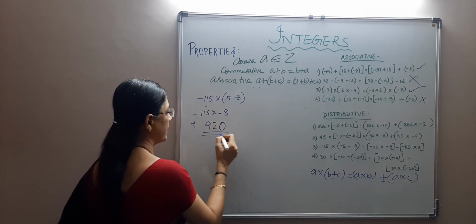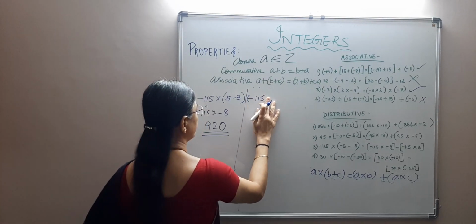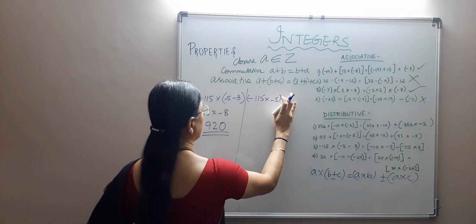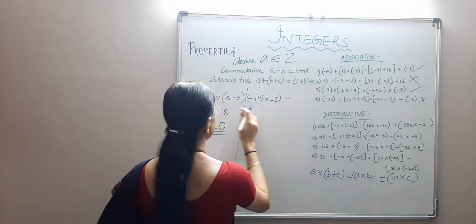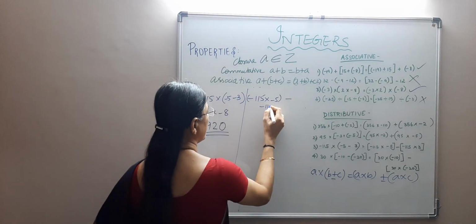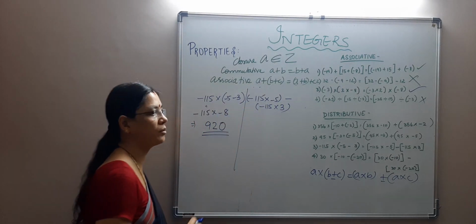So 120. Now we will see the RHS part. Minus 15 into minus 5 minus 15 into 3. Now this is plus 3, this is not minus 3.